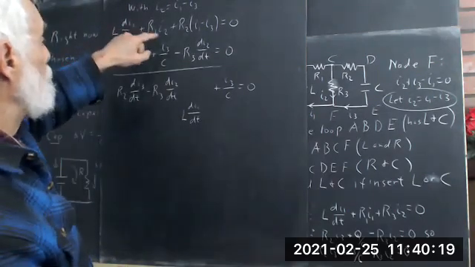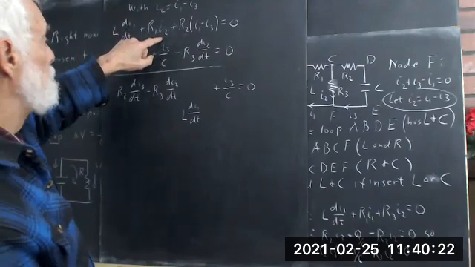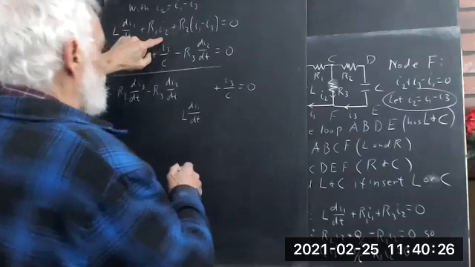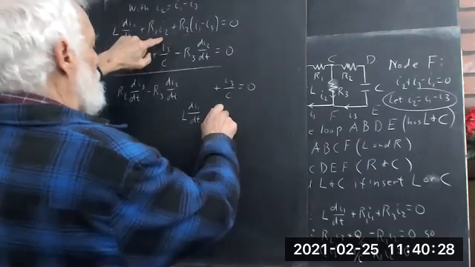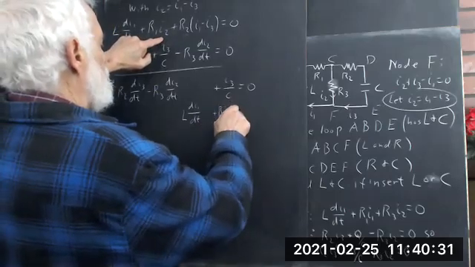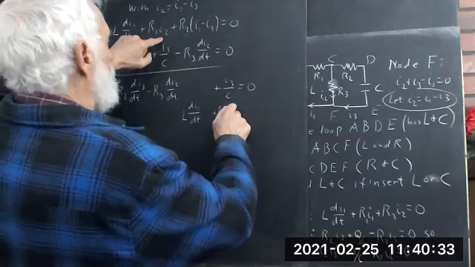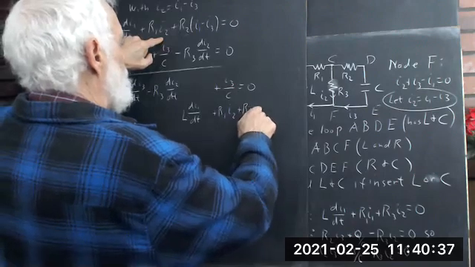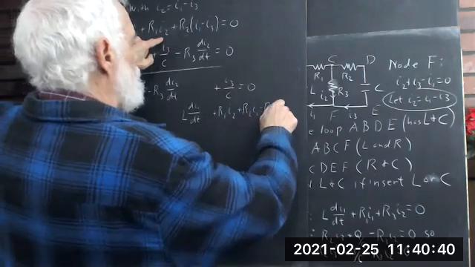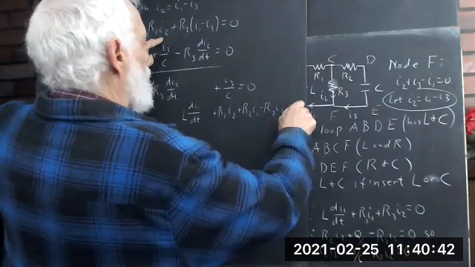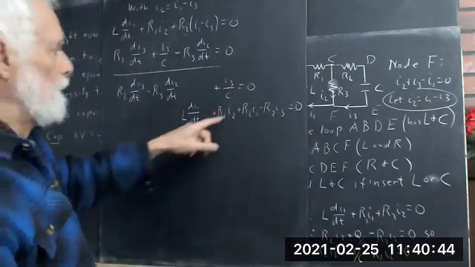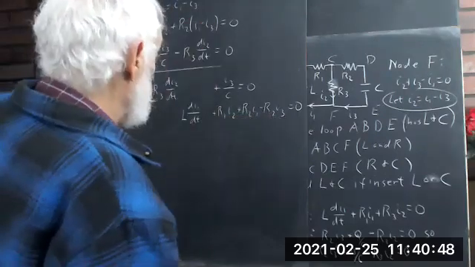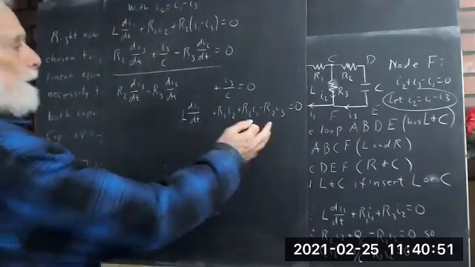And then I have an R1 I2, R1 I2 and R2 I1 and an R3 I3 from the distributive law and so forth. And that's my first equation.